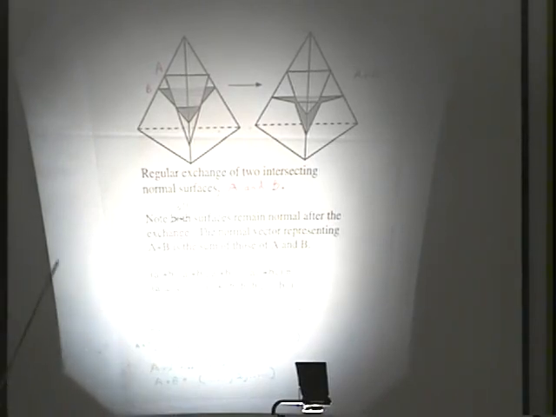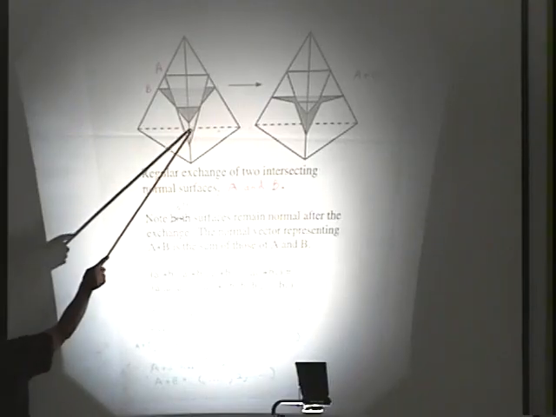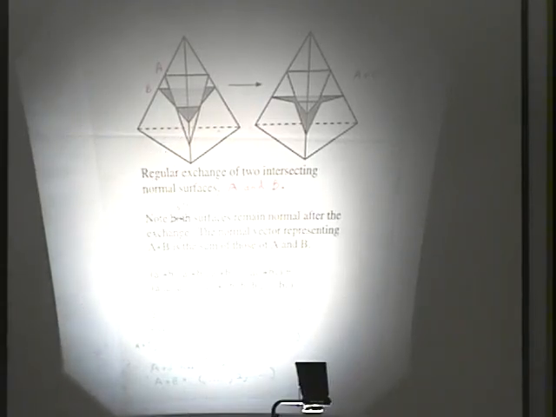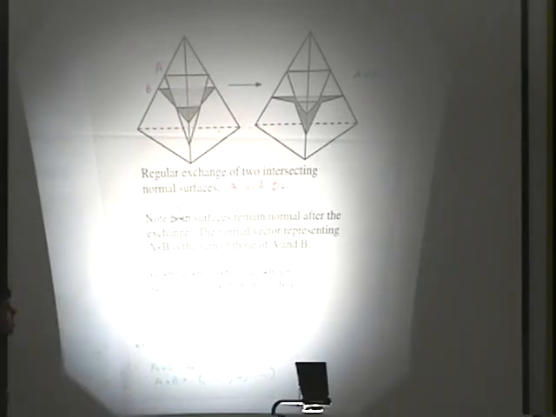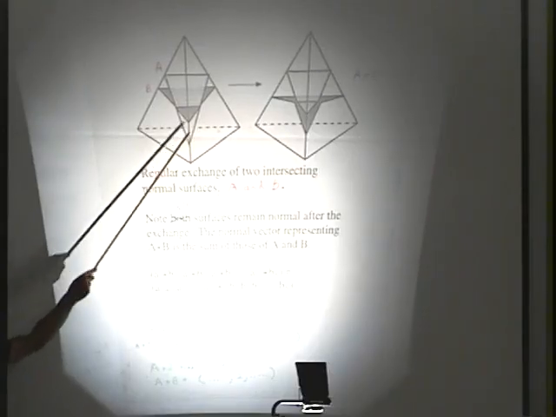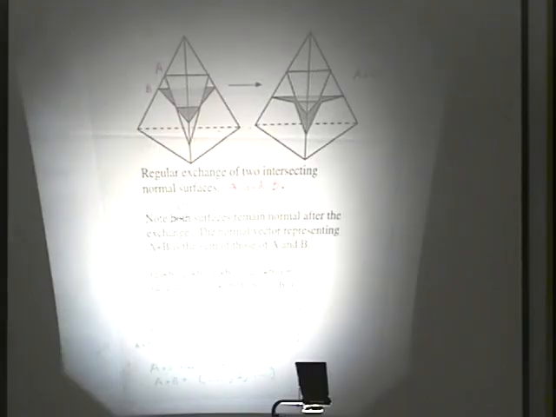Here's what geometric sum looks like in 3 dimensions. We have 2 intersecting surfaces here, and they intersect along an arc this time in this tetrahedron. And we've simply flipped over these little triangles. We've exchanged them. That's called regular exchange.